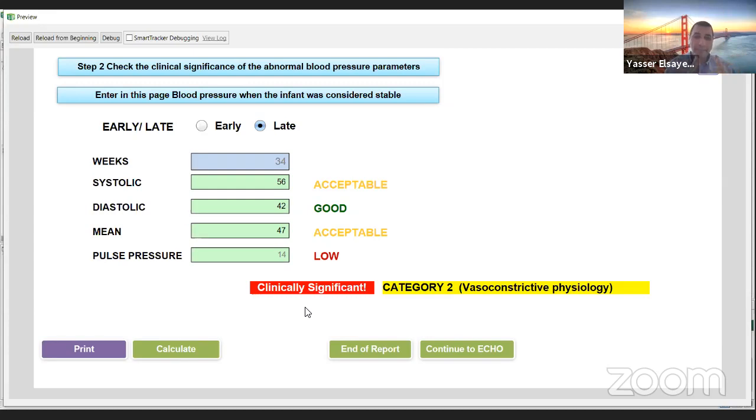So the question is, why was this infant in vasoconstrictive physiology even before going to the OR? This infant had significant volume losses from the GI tract and was undercompensated for the fluid losses.